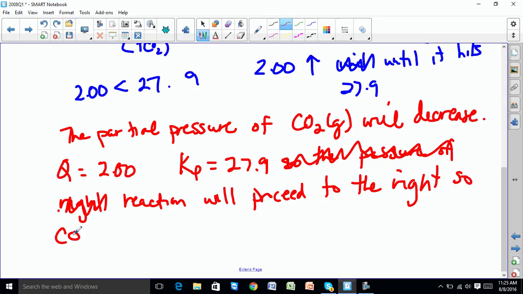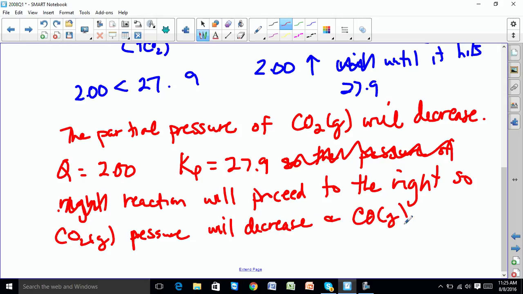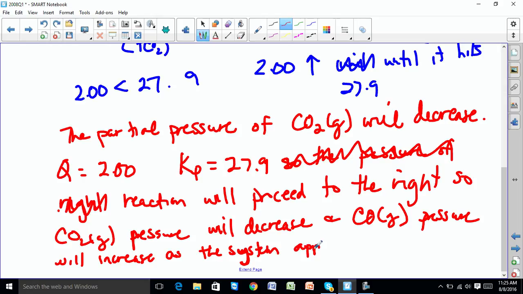So CO2 gas pressure will decrease. And this part you don't need to have, but I'm just putting this here to help you understand this. And the CO2 gas pressure will increase as the system approaches equilibrium. And that's it.